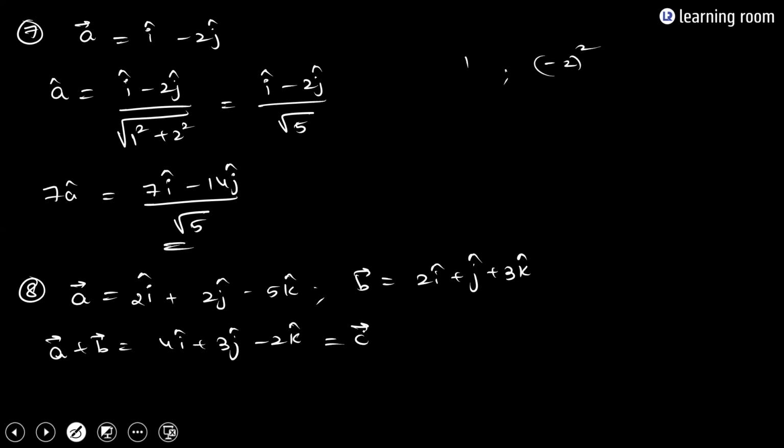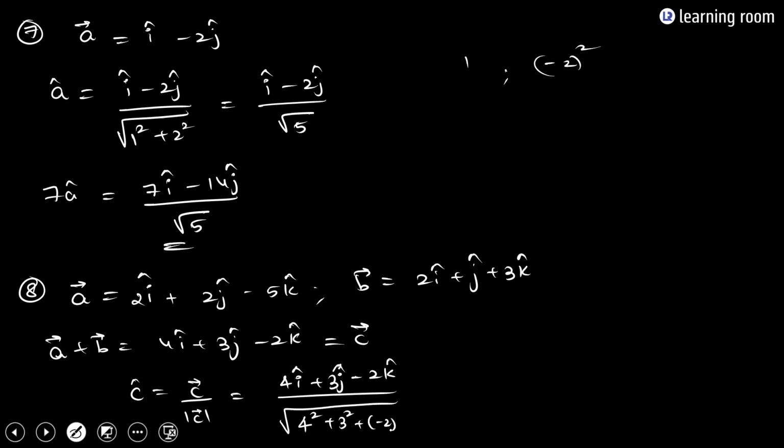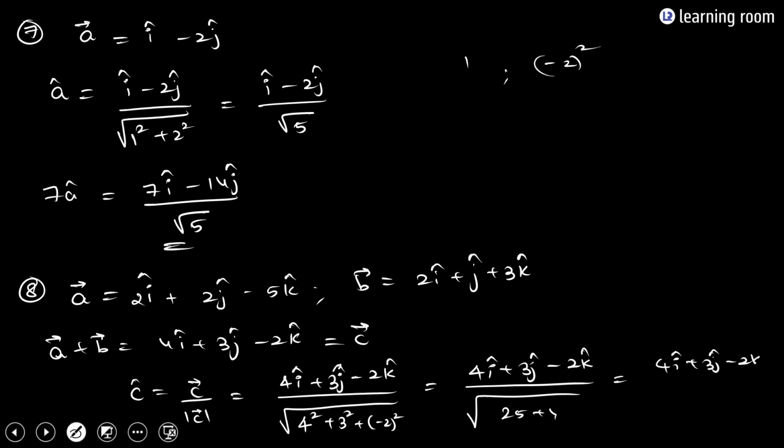If I call this c vector, then c cap will be equal to c vector divided by magnitude of c vector, which will be 4 i cap plus 3 j cap minus 2 k cap divided by square root of 4 square plus 3 square plus minus 2 square. That is square root of 16 plus 9 plus 4, which is 29. So it is 4 i cap plus 3 j cap minus 2 k cap divided by square root of 29.